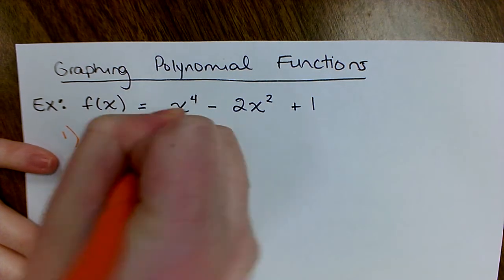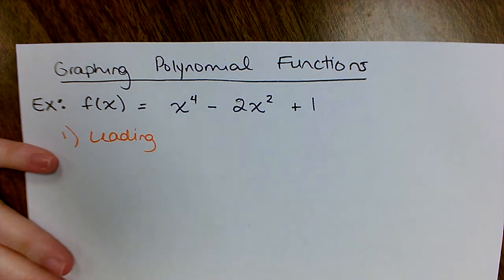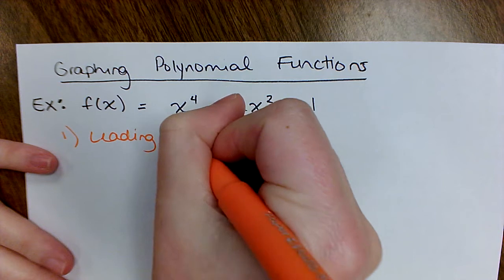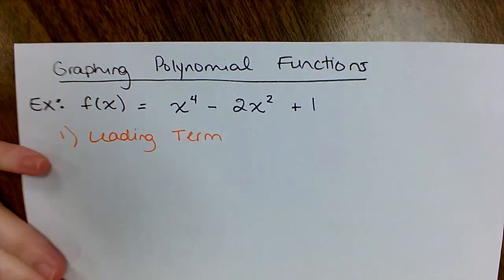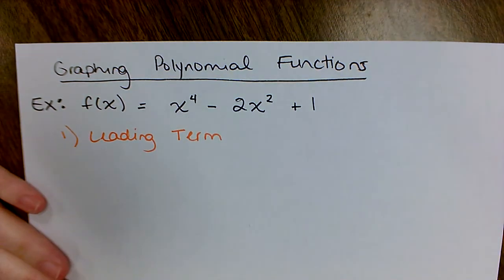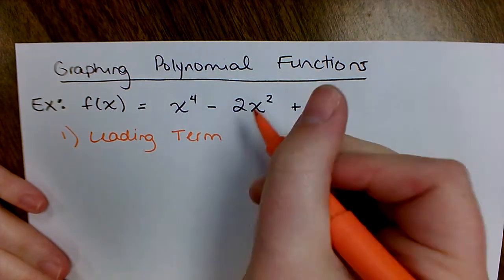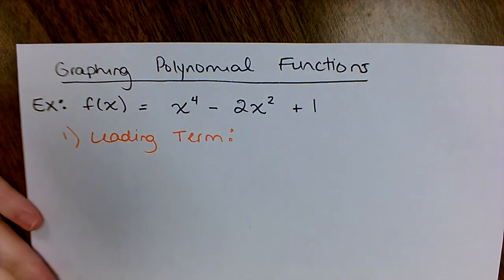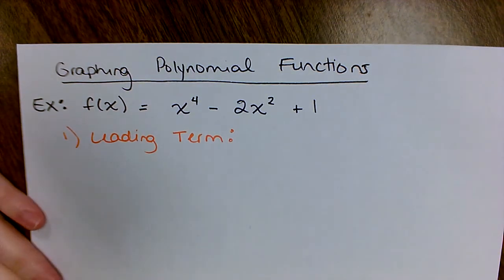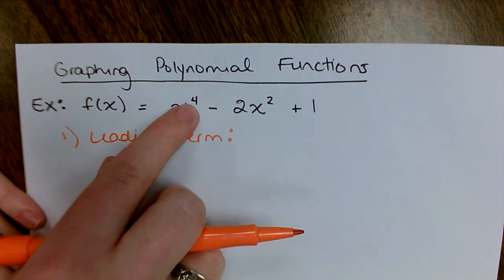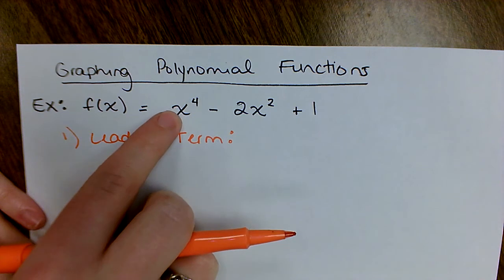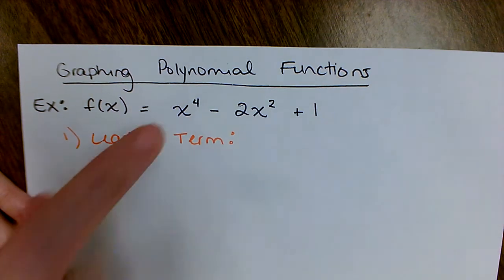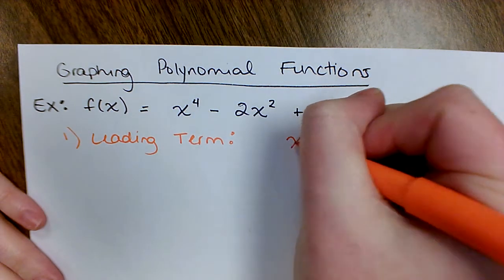So remember, to find end behavior, we're going to look at the leading term. What's the leading term? Remember, your leading term is your term with the biggest exponent on your x. So where's the biggest exponent on one of my x's? Well, it's this 4. So my leading term is this whole piece right here, which is just x to the 4th.